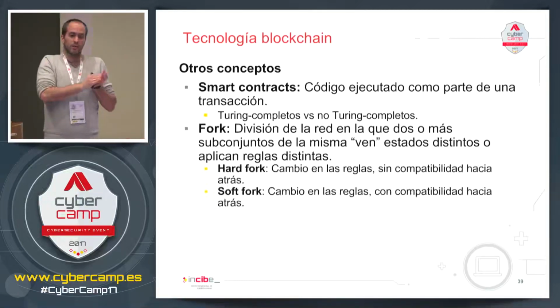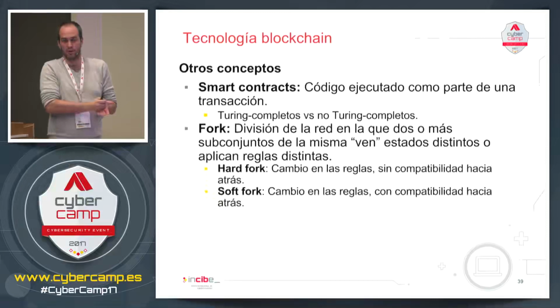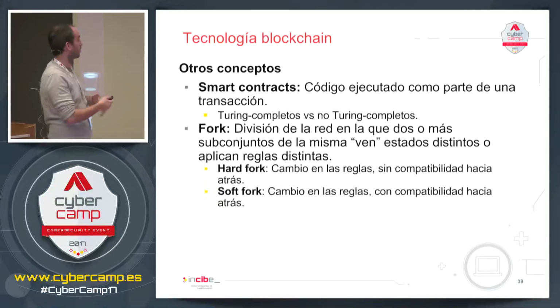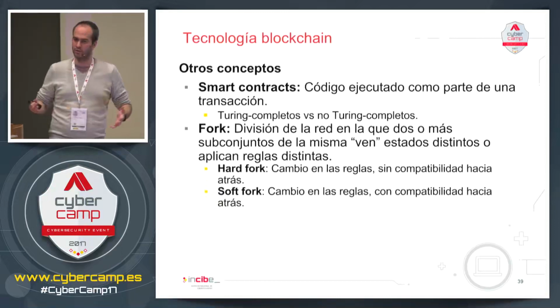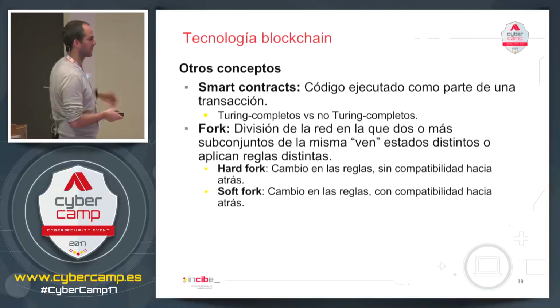This means that in Bitcoin, we can put smart contracts in there, but they're limited smart contracts. In Bitcoin, you can't do loops. In Ethereum, you can. It's Turing complete.